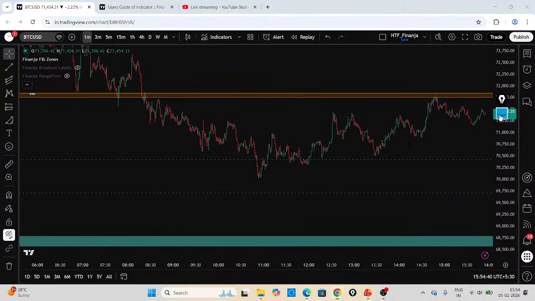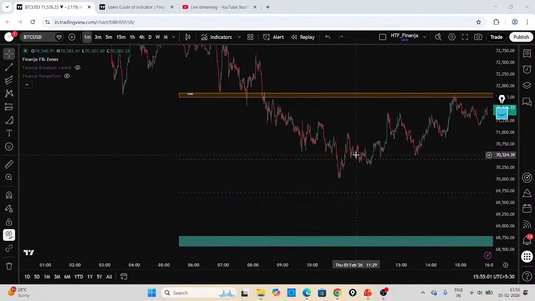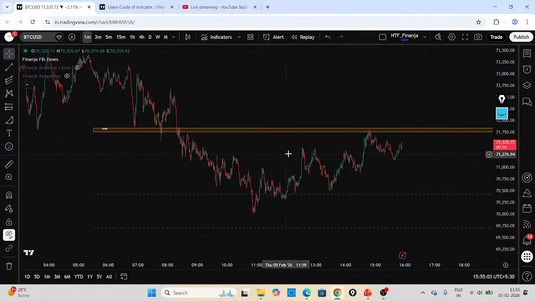Okay, with proper price action you should take some decision. We won't get a proper quick scalp at every level. Whenever the levels are tested properly, then you can take some trades here. I'll be using this only for scalping.